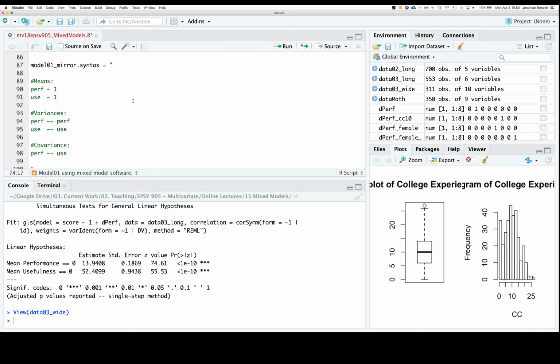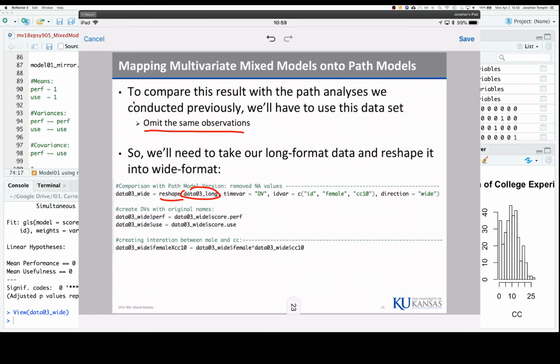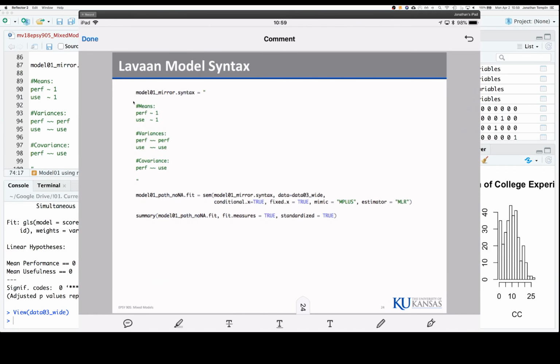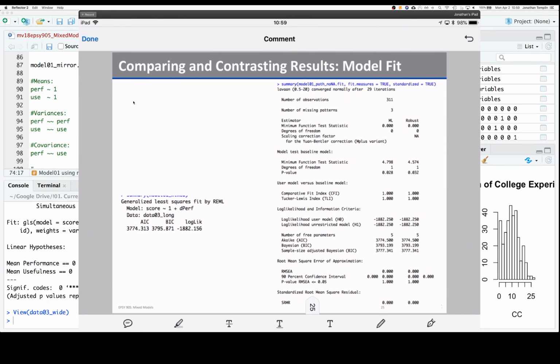So if we were to mirror the analysis that we did in the mixed models with Lavaan, just to see what the differences happen to be, we would build our Lavaan mirror syntax. Again, this is the same syntax we started with in our previous lecture that talked about empty multivariate models. And we have our typical Lavaan output. So now our Lavaan output tells us this model is fitting very well for what we did.